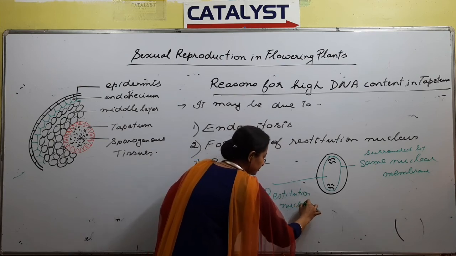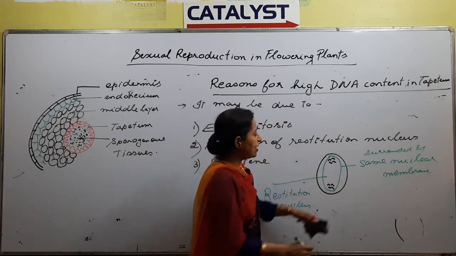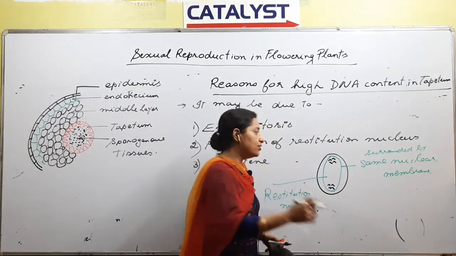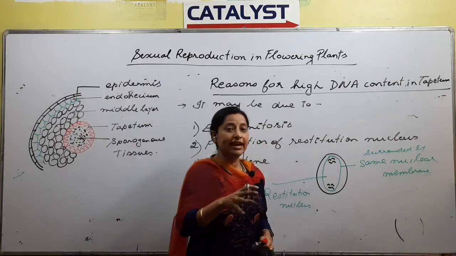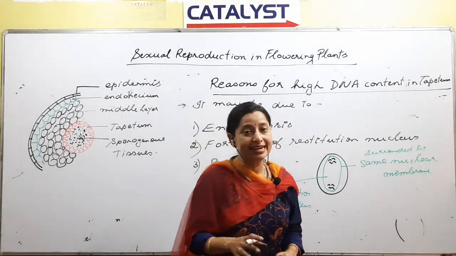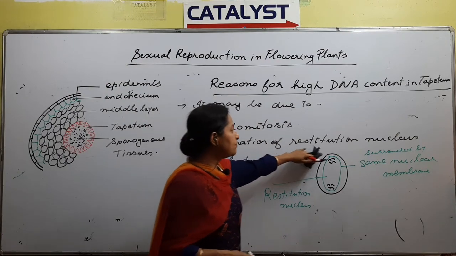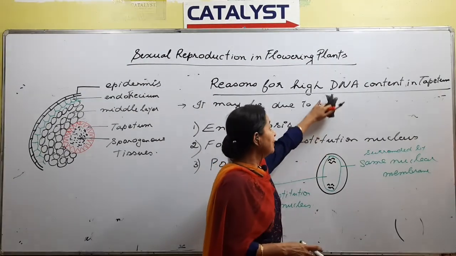A restitution nucleus has only one membrane, so it will be considered as one nucleus. If it is one nucleus, then the number of chromosomes would be more and that would result in an increase in the DNA content. So scientists were of the opinion that because of restitution nucleus the DNA content in the tapetum might increase.